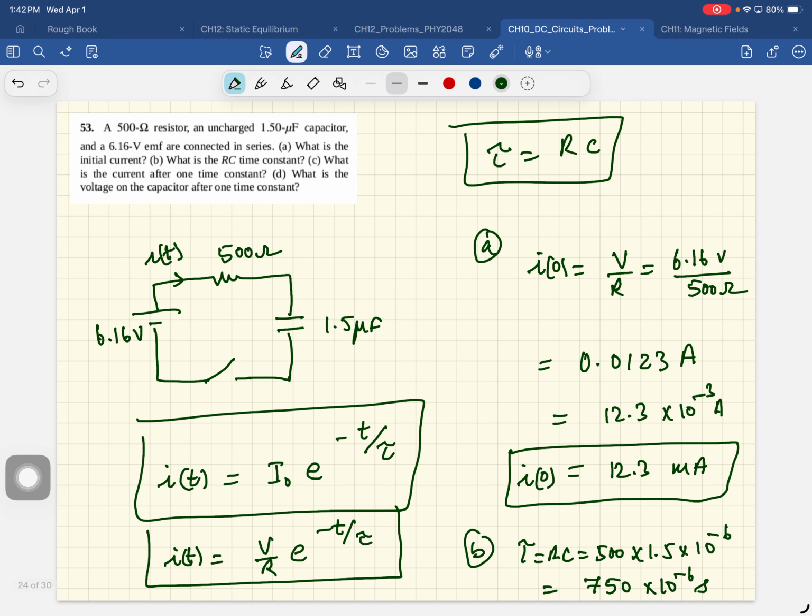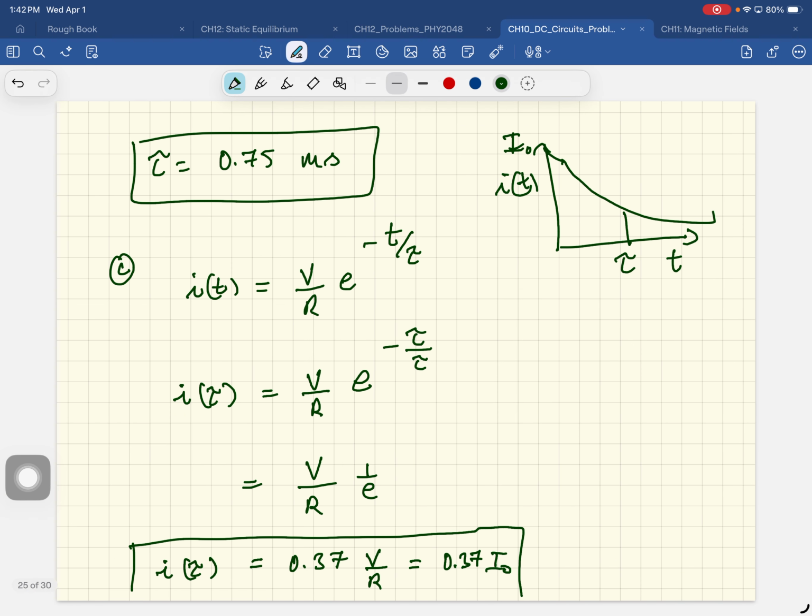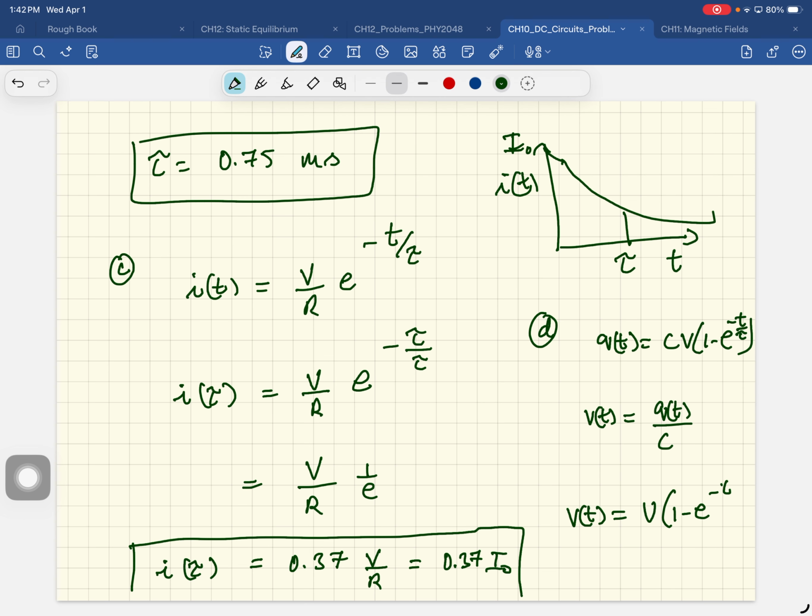And then what is the voltage on the capacitor after one time constant? Q(t) is given by CV times 1 minus e to the power of minus t over tau.